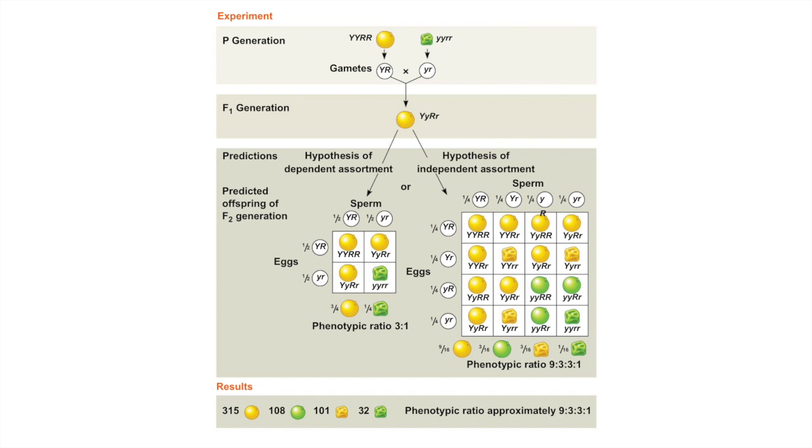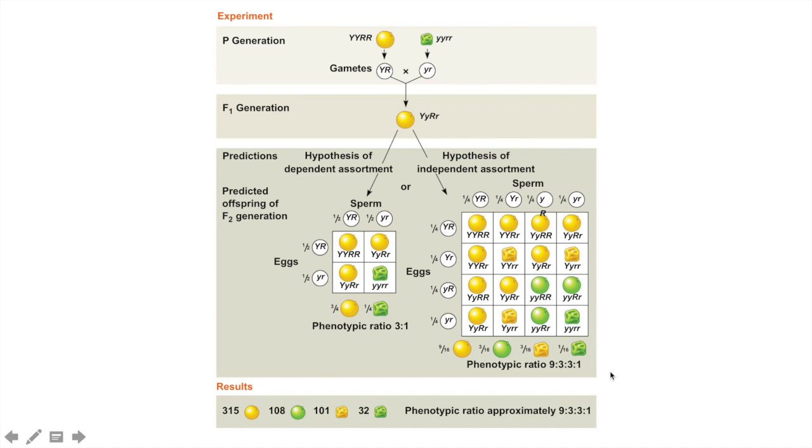There were two possible outcomes that he would have expected. One is if there's dependent assortment. If those characters are always going to be transmitted together, then he would expect that the roundness and the yellowness would always go together, and the wrinkledness and the greenness would always go together. But that's not what he observed. What he actually observed was that in the progeny, he got all different combinations of roundness and wrinkledness and yellowness and greenness.